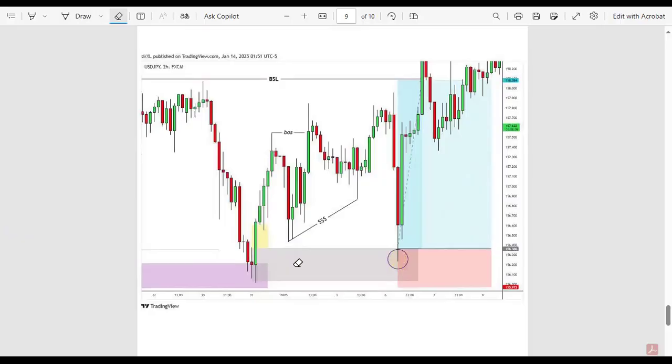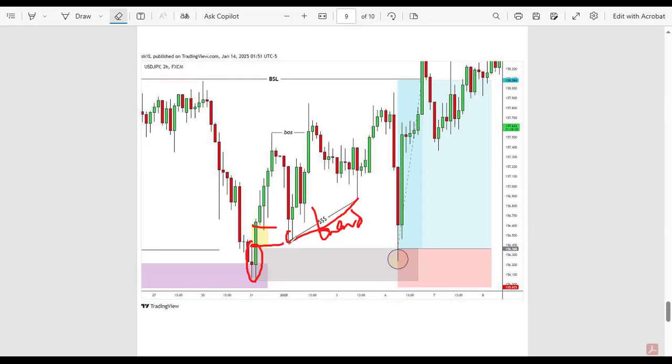The last example is this. You can see here, this was a form of an inducement, an inducement in the form of a trend line, and our true order block is here. Also remember what I said, we had this fair value gap there.